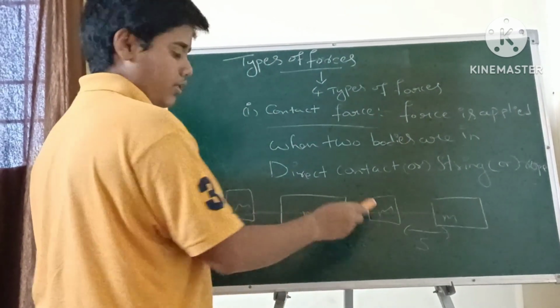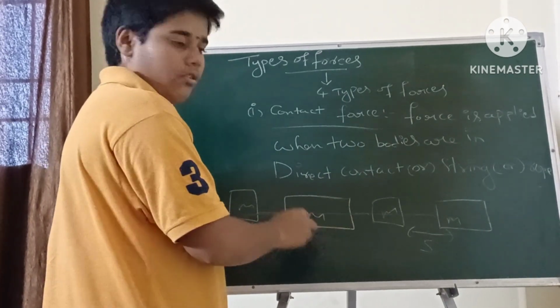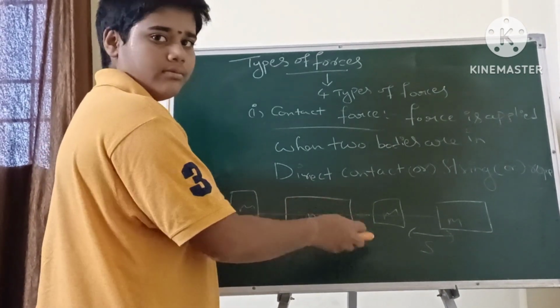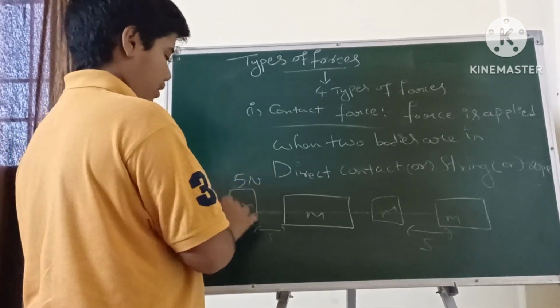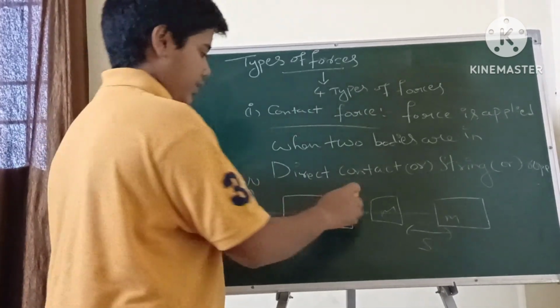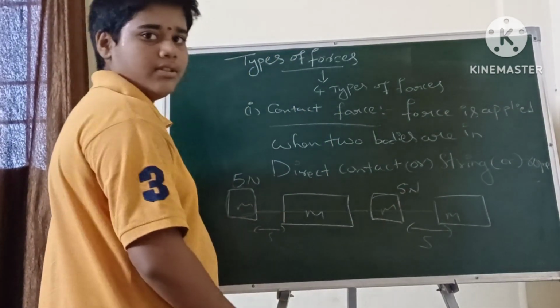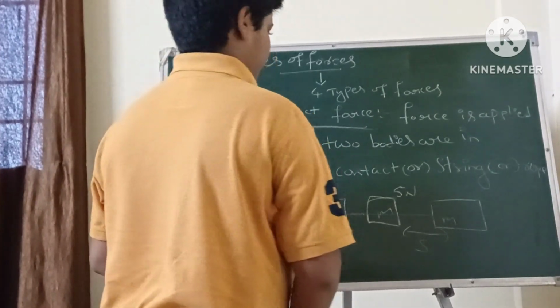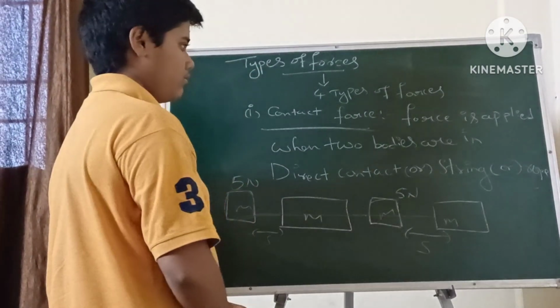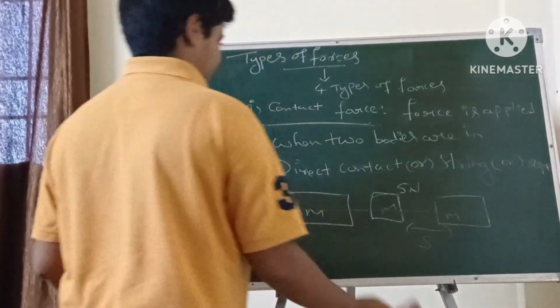This is direct contact applying on two bodies. If I apply 5 newtons on this body, the other body also gets 5 newtons and displaces. So this is the contact force. In contact force there are 8 types.